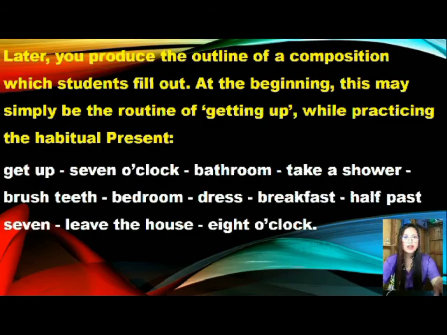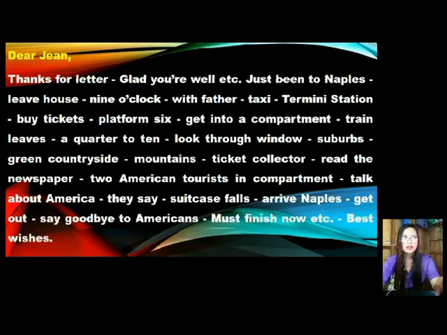So, here is a simple example, a letter to Jean. Dear Jean, thanks for your letter. Glad you're well, etc. Just been to Naples, leave house 9 o'clock with father, taxi, terminus station, buy tickets, platform 6, get into a compartment, train leaves 9:45, look through window: suburbs, green countryside, mountains, ticket collector, read the newspaper.